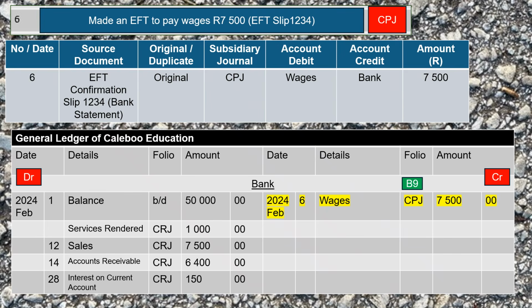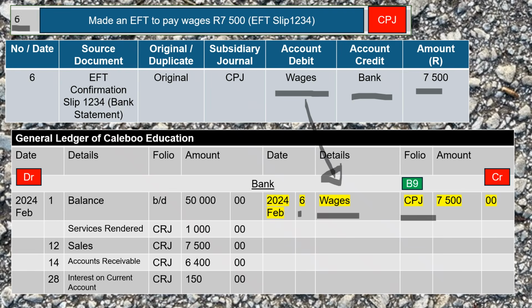So now wages were paid on the 6th. You know the details. The account that was debited was wages. Bank is credited, decrease in assets, the amount is 7,500. So on the 6th, under details, the name of the contra account to bank is wages.